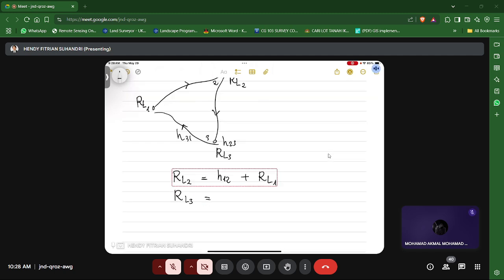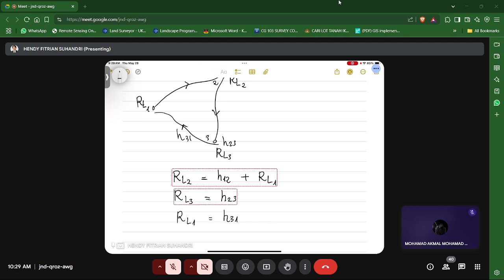Yes, h23. And the last one will be reduced level at point 1 equals h31. Okay?